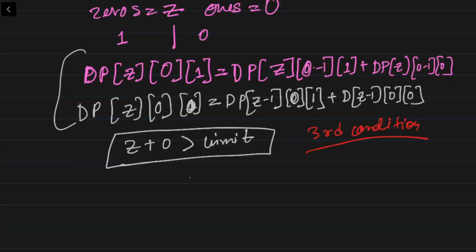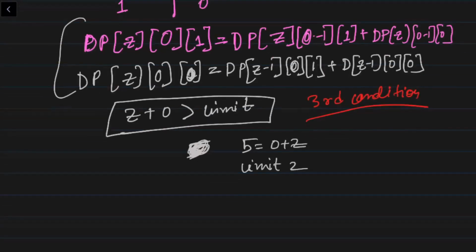Let's say our total length is 5, so o plus z equals 5, and our limit is equal to 2.